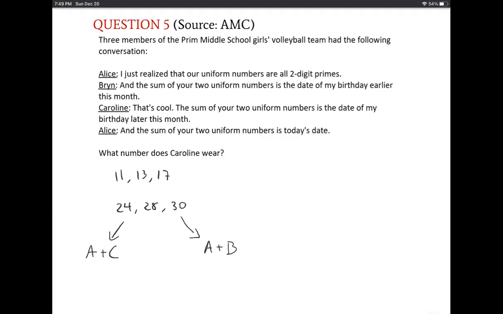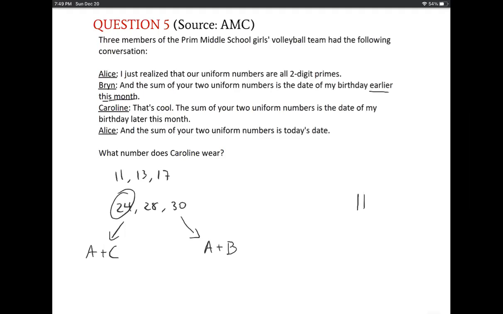Since I cannot explain this in time, the answer is 11. So 24 corresponds to Alice and Caroline, since Bryn says that the sum of your 2 uniform numbers is the date of my birthday earlier this month. So this date is what earlier this month means.